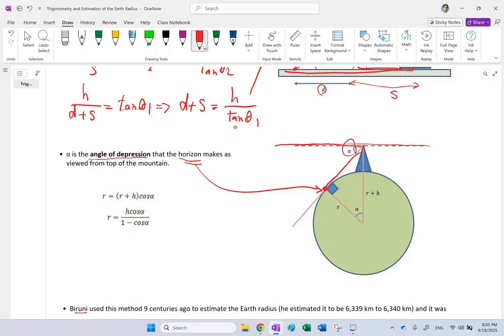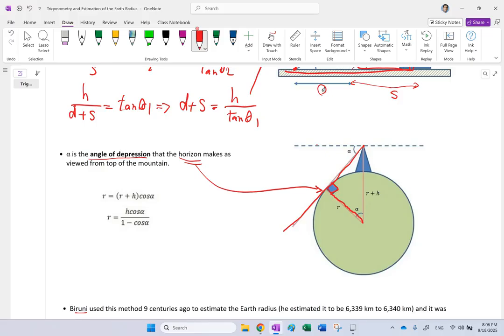And by measuring that one, now with having that alpha and having h, the height of the mountain, you can measure the radius of the earth r. How? So here, if you take a look, you know that since this line is tangent to the surface of the earth, it is perpendicular to this radial line here.